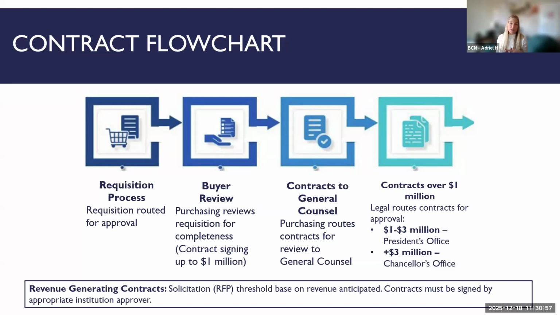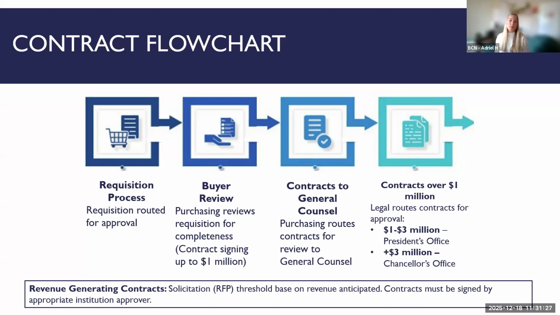If it exceeds 3 million, it's still the same beginning process, because the chancellor will not sign a contract that has not been recommended to him by the president. The president won't sign a contract that hasn't been recommended to him by his counsel. So we would still submit the contract to general counsel's office with some additional paperwork, because when it gets routed to the chancellor, the department has to fill out additional information sheets for review.